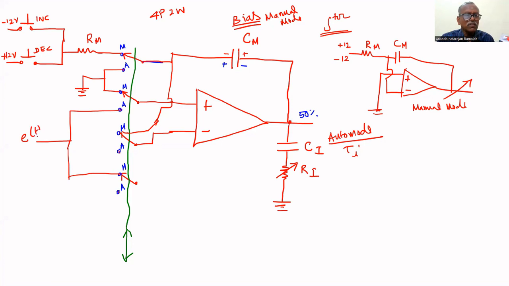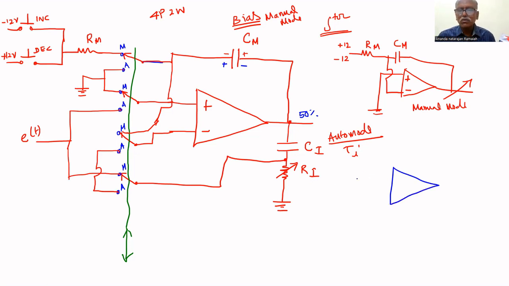Here we are giving that error signal, that is not utilized now because it is in manual. These two are connected together, and this is connected here. Auto mode: if you transfer to auto mode, what happens to the circuit, we will draw here. If you transfer from manual mode to auto mode, the feedback capacitor Cm is grounded.